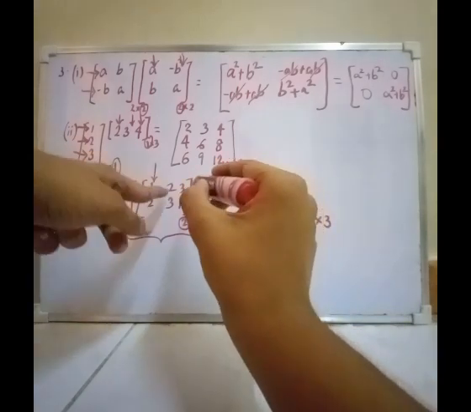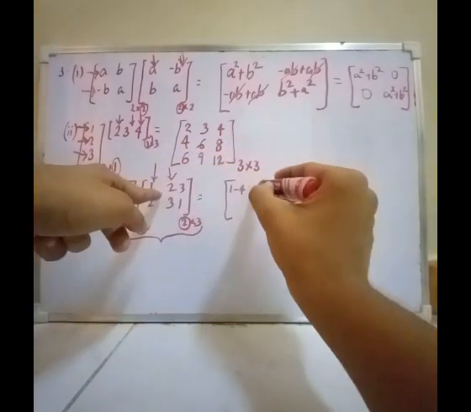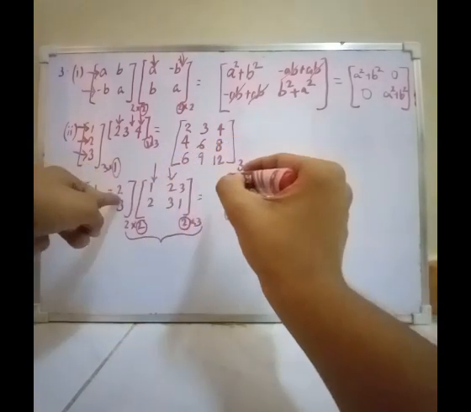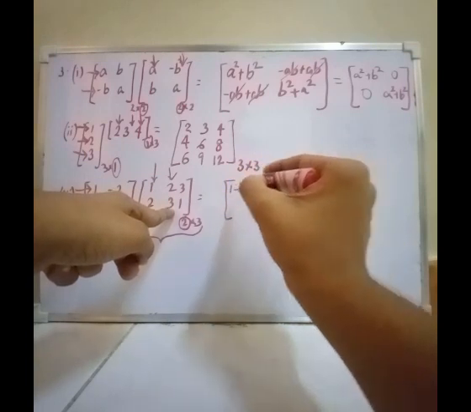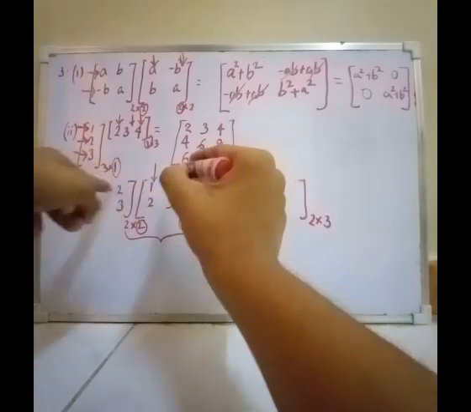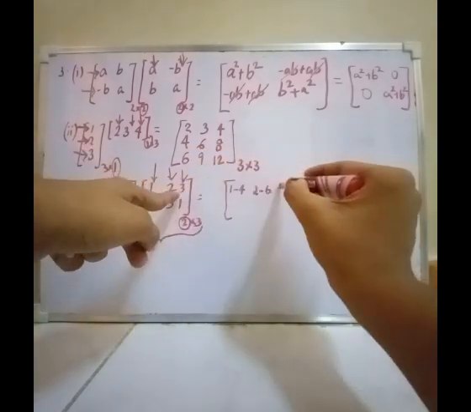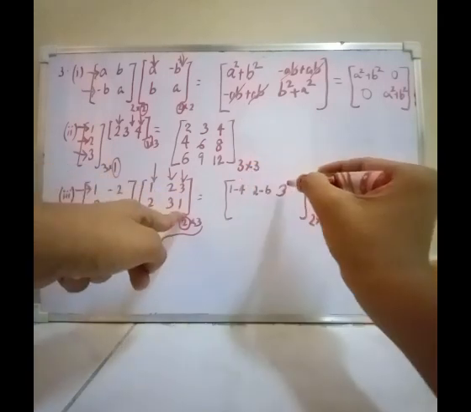Next, first row with the second column, 1 times 2 would be 2 and minus 2 times plus 3 would be minus 6. Now doing the first row with the third column, 1 times 3 would be 3 and minus 2 times 1 would be minus 2.